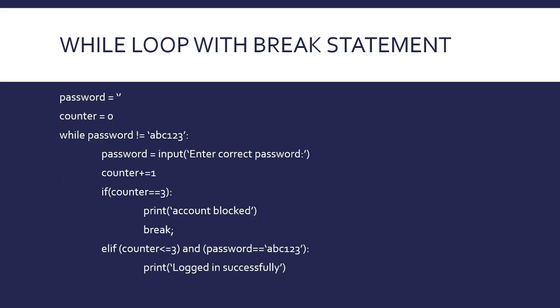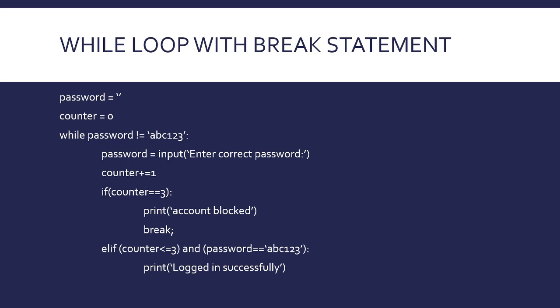So here I have taken an example; I have extended the previous program only. I have taken counter equal to 0 and password is blank. It is doing as in the previous example, checking whether the password is equal to ABC123 or not.